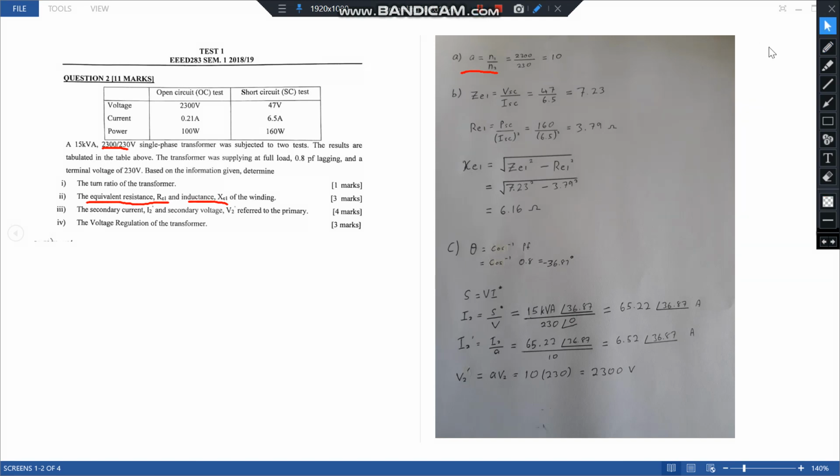Then you need to use this formula: ZE1 equal to VSC over ISC, the voltage for short circuit and current for short circuit. The voltage for short circuit you can get in the question, voltage 47 and current 6.5. Divide, then you get 7.23.